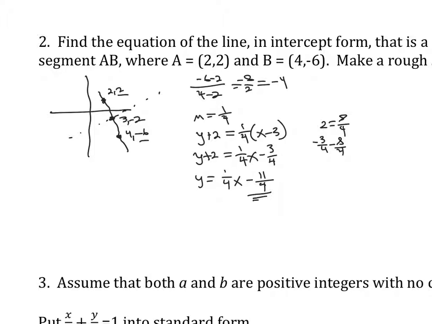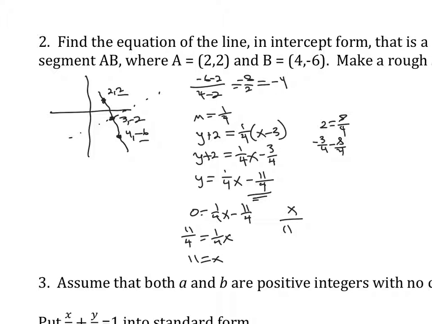Our x-intercept is what we get when we replace y with 0. So we get 0 equals 1/4 x minus 11/4, or we get 11/4 equals 1/4 x. Multiply both sides by 4 to get 11 equals x. So our intercept form is then x over our x-intercept of 11 plus y over our y-intercept, which is negative 11/4.